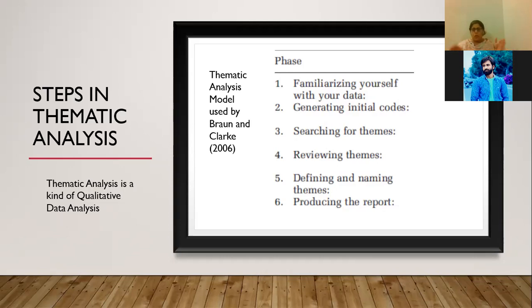Firstly, your data is organized according to transcripts. You've got 10 transcripts and you've coded them. Now you organize it according to codes. So you have a code on teaching strategies. What are the things that come under teaching strategies? You organize them like that. You form categories. How do you form categories?